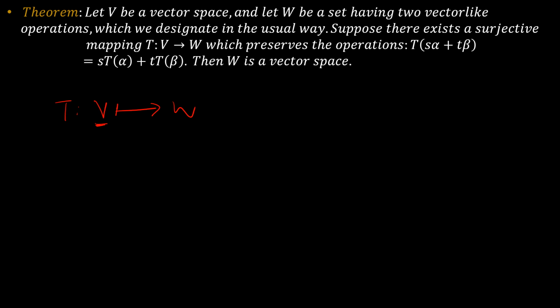And we know what vector-like operations are: addition, multiplication by a constant, which we designate in the usual way. Suppose there exists a surjective mapping T that takes something from a vector space V to a set W, which preserves the operations: T(s alpha plus beta) being equal to s T(alpha) plus T(beta).